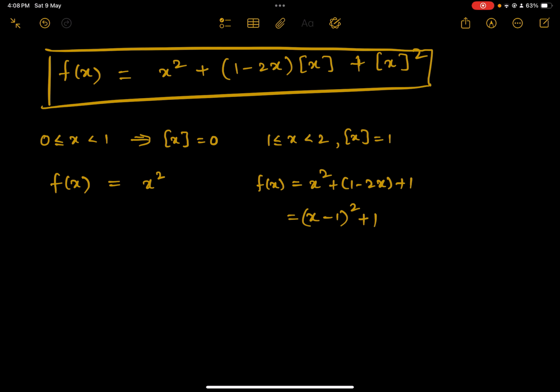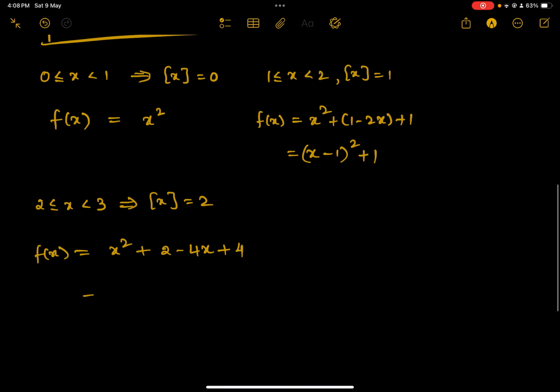Now let us see what this function looks like in the interval 2 to 3. Here the greatest integer part will be 2, and f of x is simply x square plus 2 minus 4x plus 4. That will give you simply x minus 2 whole square plus 2.